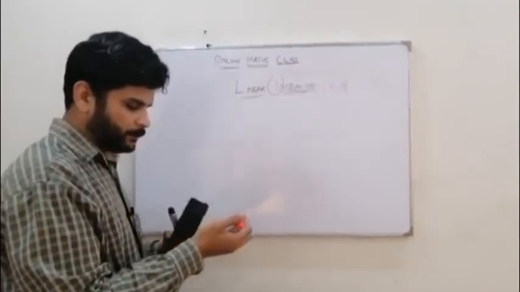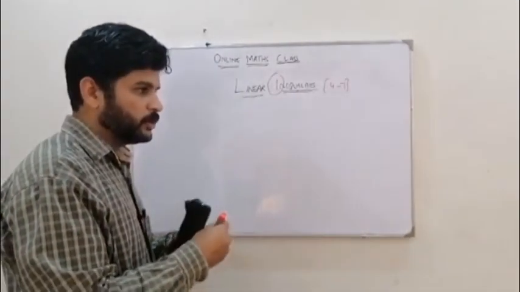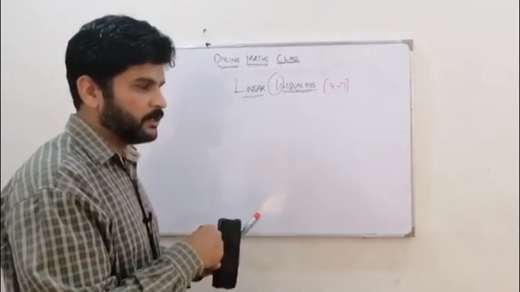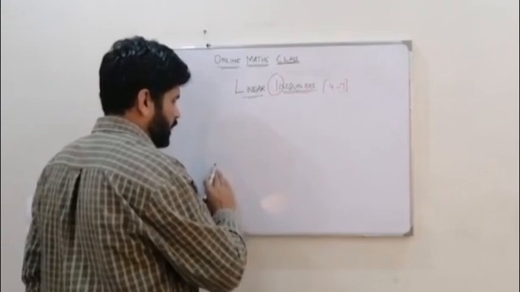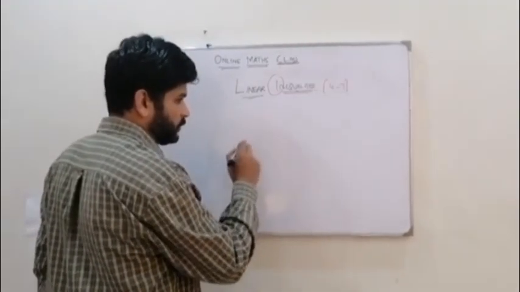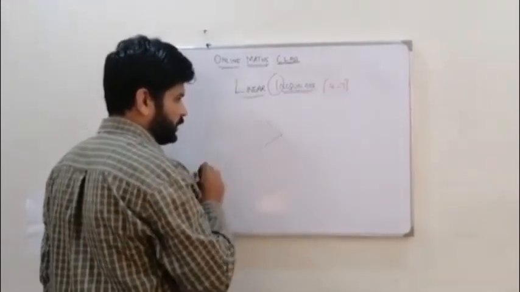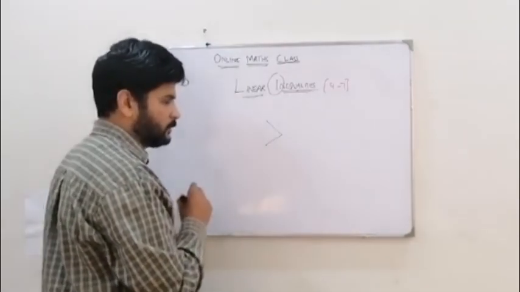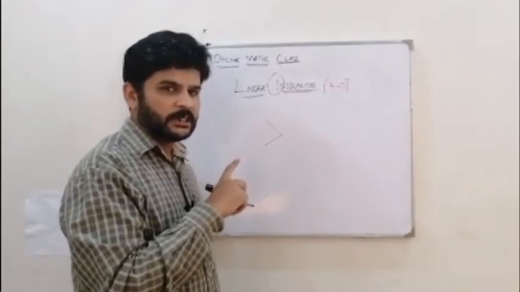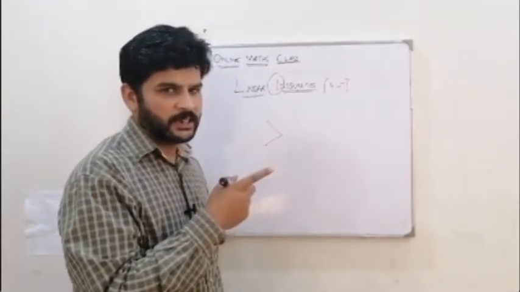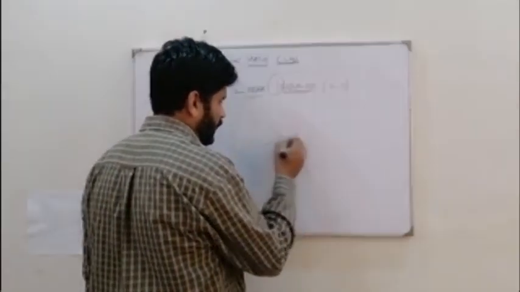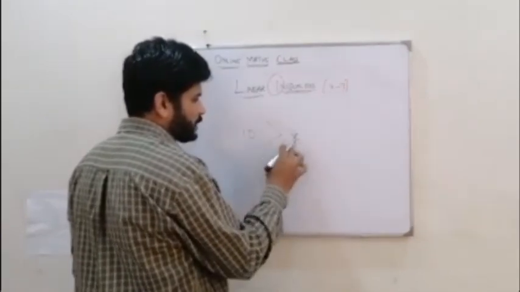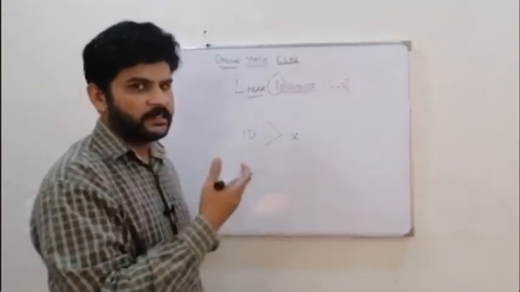First of all, how will you know which is the greater sign and which is the less sign? Sometimes I have seen students remembering that this is a greater sign. This is not necessarily a greater sign. This can be a less than sign as well, because you can write x < 10. So you can say x is less than 10, so it is a less than sign.